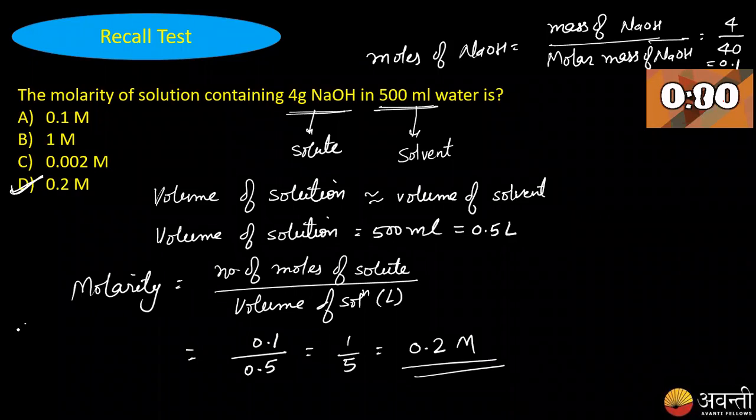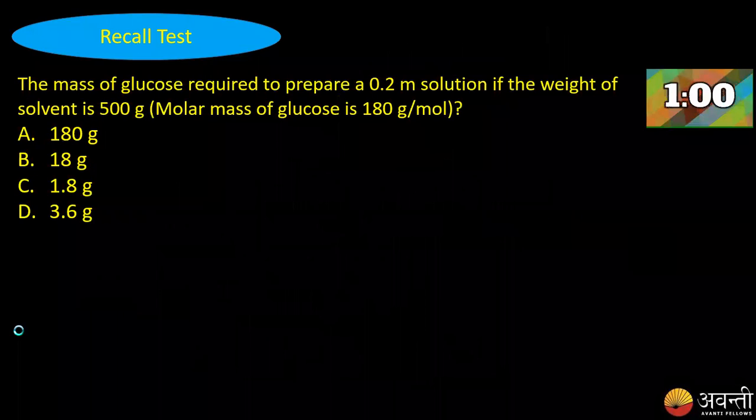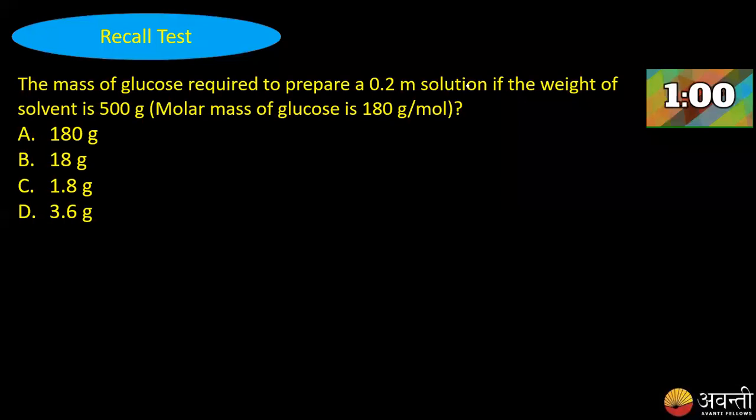The next question: the mass of glucose required to prepare a 0.2 m solution. This m is small m, meaning molality, molal. The solution, if the weight of solvent is 500 gram. You know the weight of solvent is given and the molality is also given.